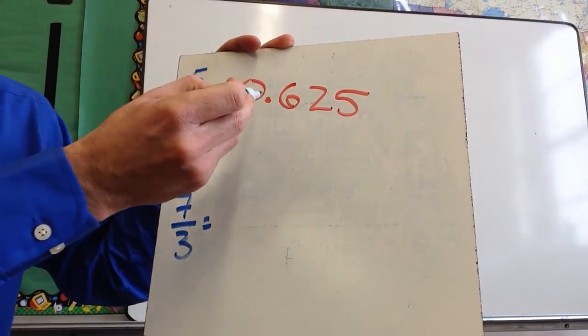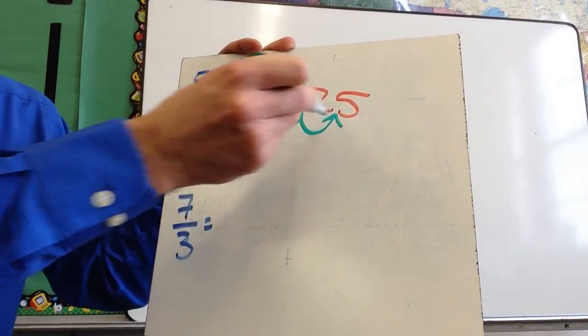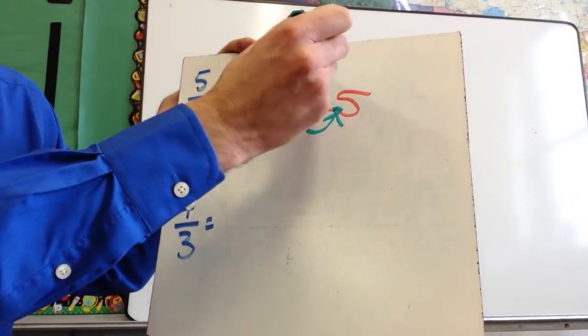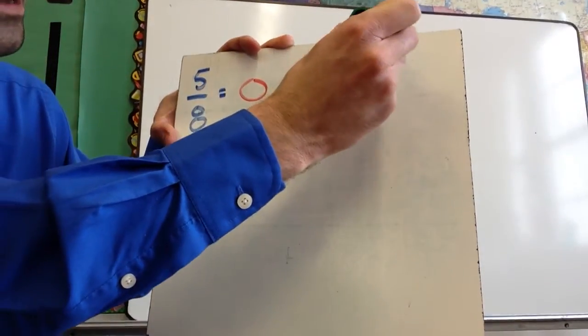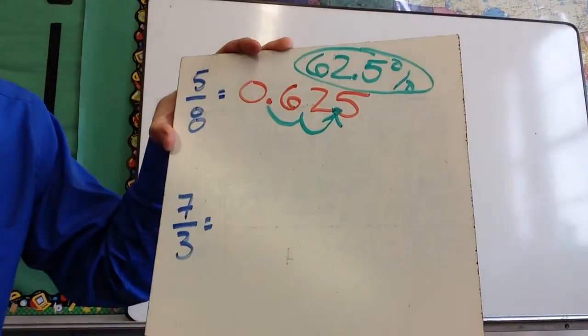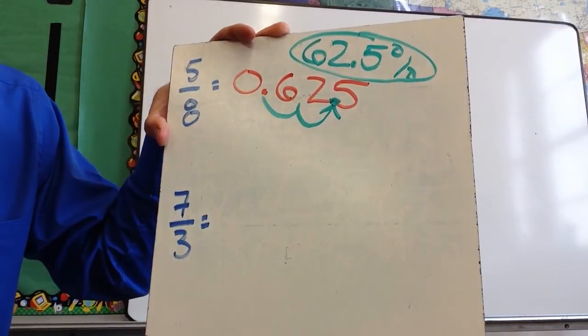So I'm now going to take the decimal, I'm moving it 2 to the right, means the decimal is now going to go there. And so this becomes 62.5%. Okay, make sure you are writing it properly.